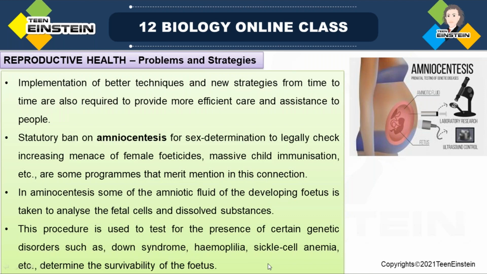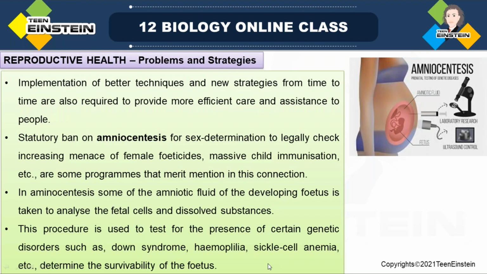How is it misused? It is used for the sex determination of the growing fetus, right? That is against the rule. It is not at all allowed, but sometimes people use amniocentesis for sex determination.